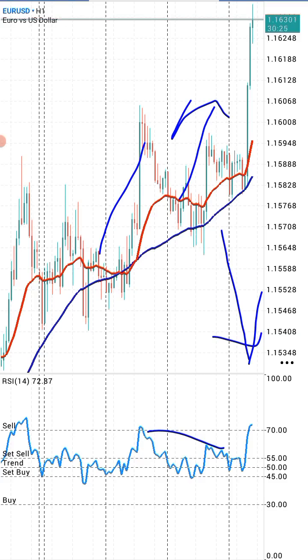The second mistake is entering on RSI alone without the confirmation of the moving average. Just because your RSI is below here or is above here, and your moving average has not confirmed it, and you are entering, you are making a great mistake.